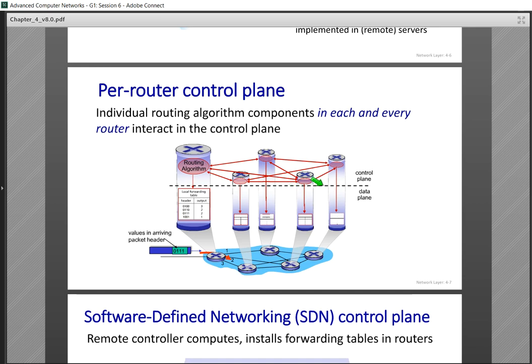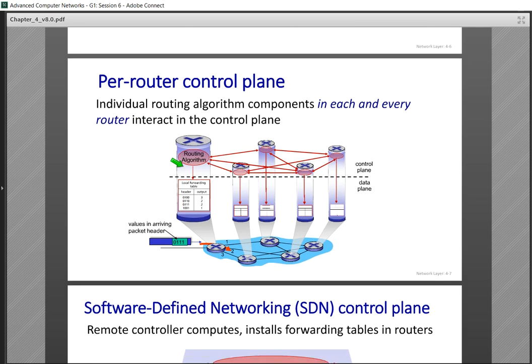The result of those algorithms is saved in a table. We call it a forwarding table or routing table. So a routing table is the result of a routing algorithm. This is finding routes in traditional computer networks.